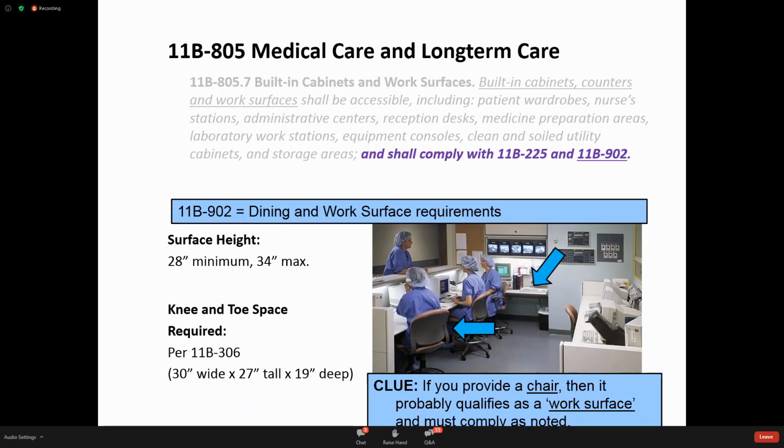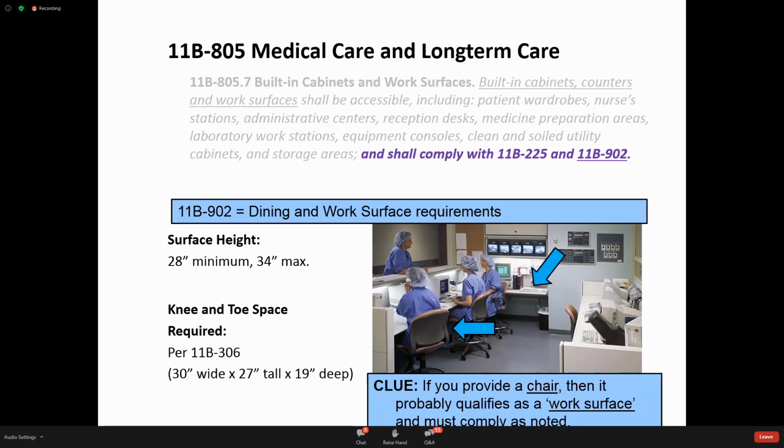We may need to pull up the code on this. Yeah, this is deep in my memory. So what this revolves around is defining: is it a sink or is it a lavatory? This is the whole point of that part of this seminar. There's two different requirements there.